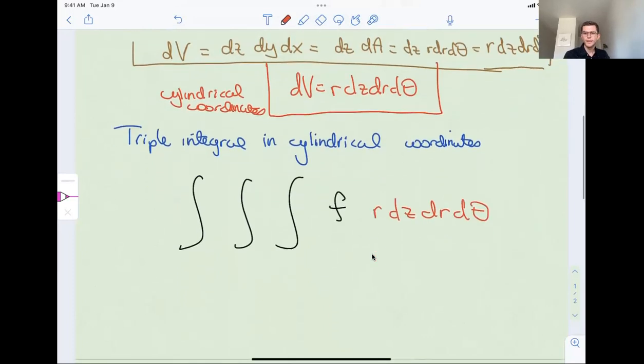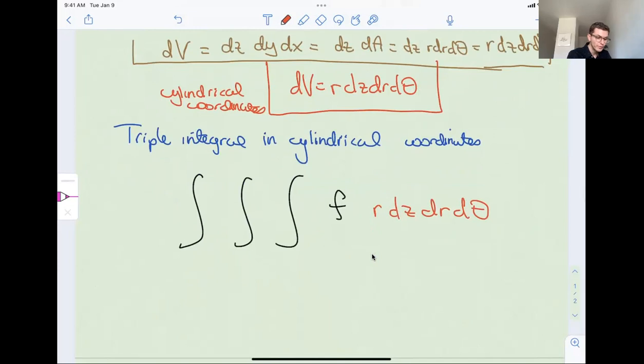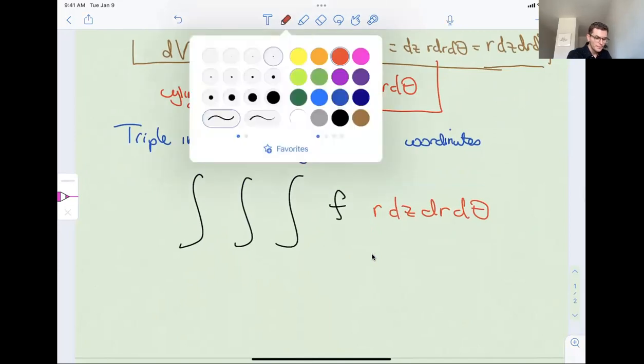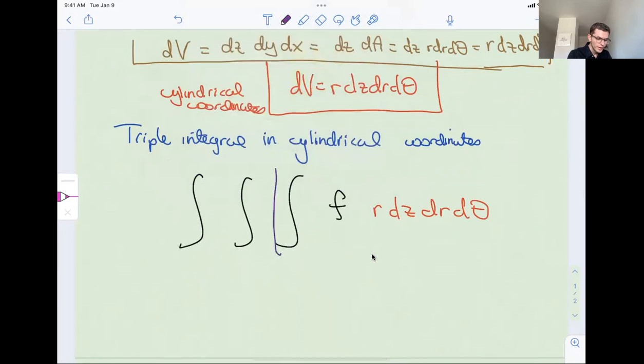And the rules of the game are similar to before. If you integrate first with respect to z, it is the same as before, as how I taught you last time to do triple integrals in Cartesian.